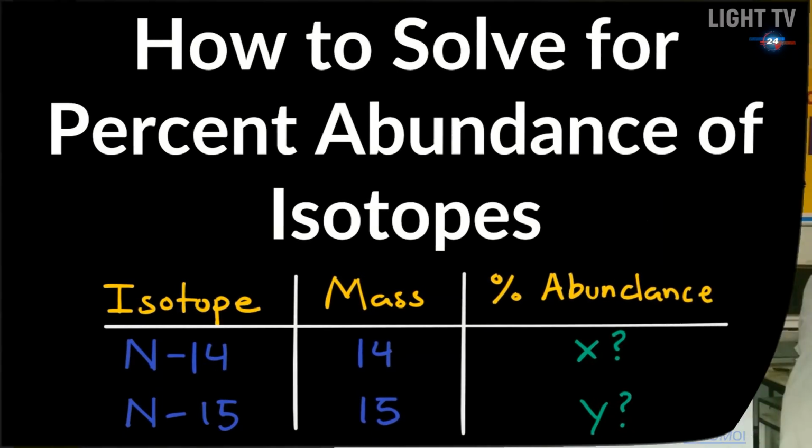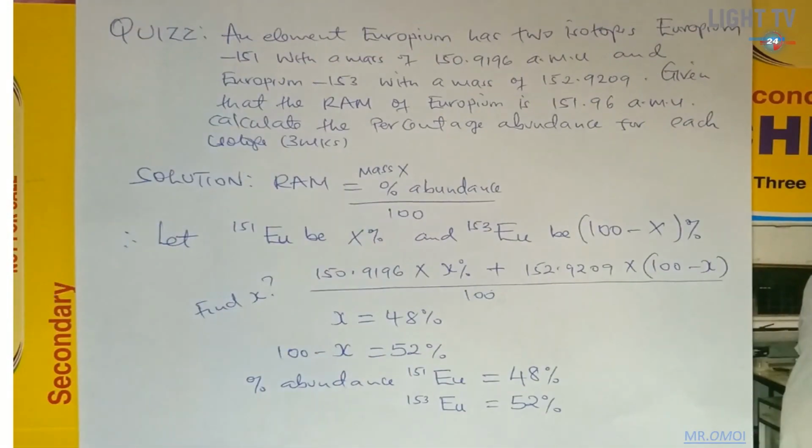And I'm going to use an example of how to calculate the percentage abundancy if you are not given the percentage abundancy, but you happen to be given the relative atomic mass. Now I'm going to give you a question, and this question reads like this.